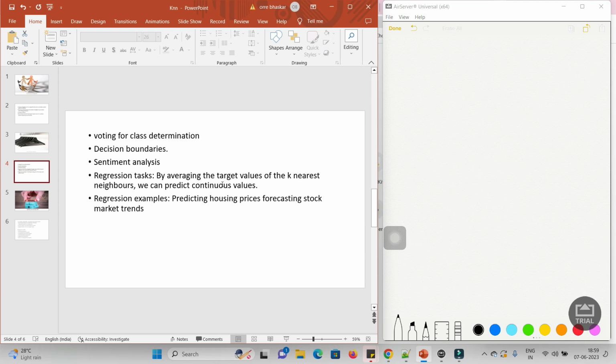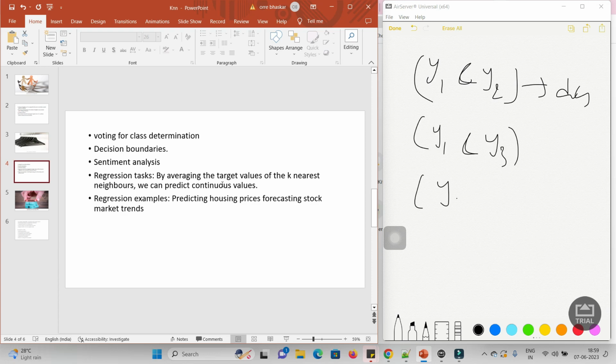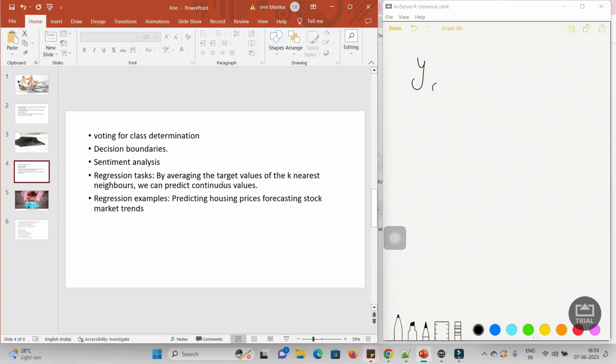After doing Euclidean distance between y1 and y2, you will get the distance, right? You will do it between y1 and y3 also. Similarly, y1 and y4, and so on. y2, y3, y2, y4.